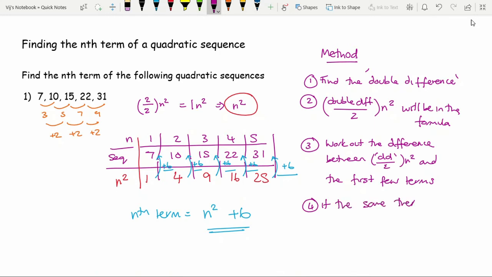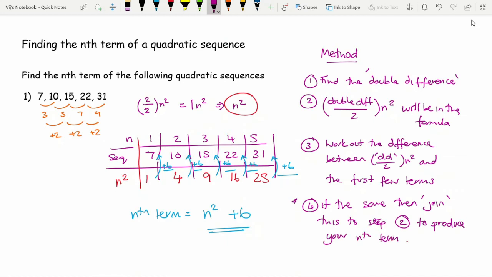then join this, let's put that in brackets, join this to step 2 to produce your nth term.